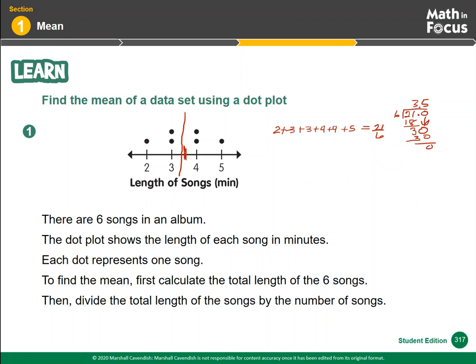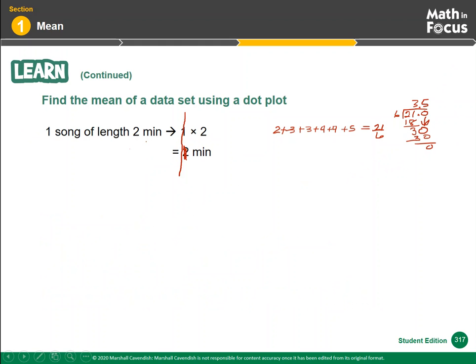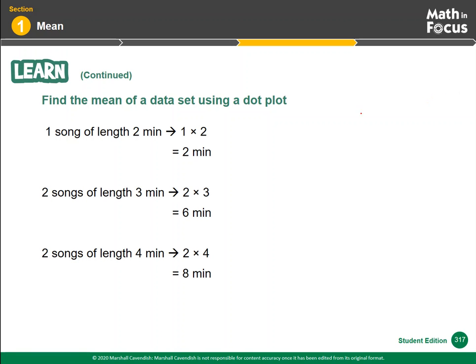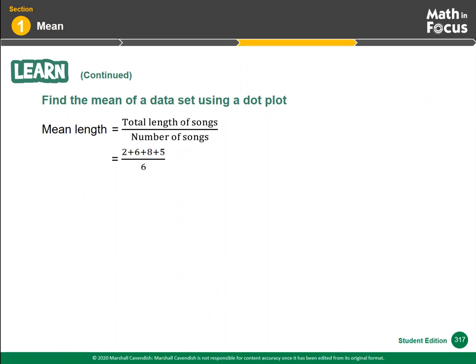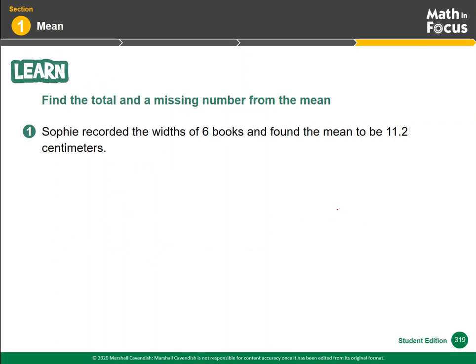All right, let's go to the next slide and let's see how they do this. They've got their 2, their 6, their 8, their 5, and they total them up. It's 21 divided by 6, which is 3.5. The mean length of the 6 songs is 3.5 minutes.